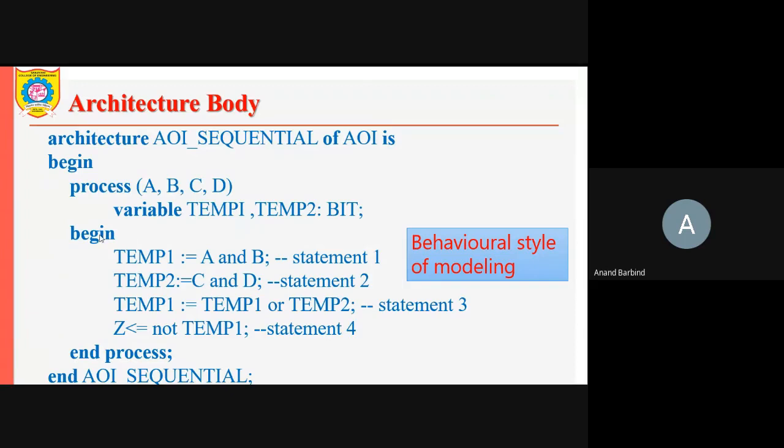Then begin, so this is the start of the process. Then you can make use of the variables which you have declared here. So how are we going to use these variables? We are assigning temp1 is equal to... Note that inside the process you use the assignment statement in this fashion, colon equal to. There is a difference from the signal assignment statement.